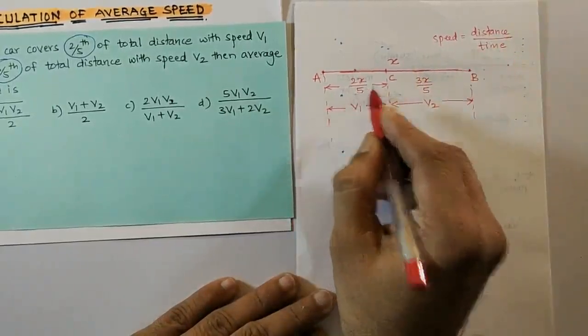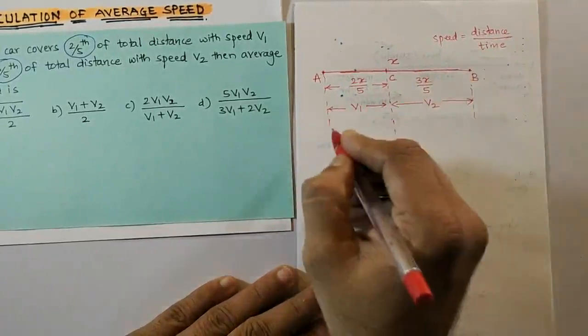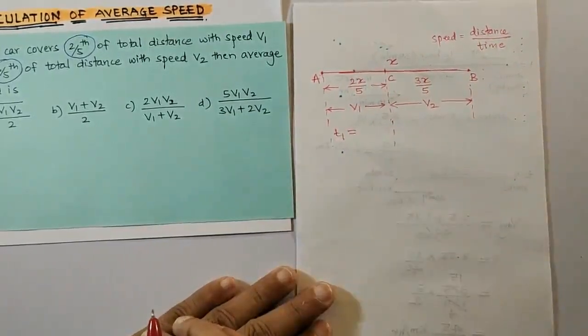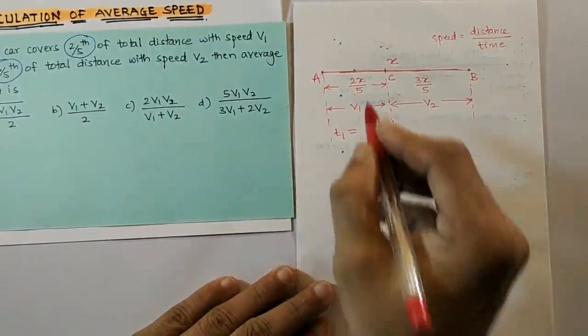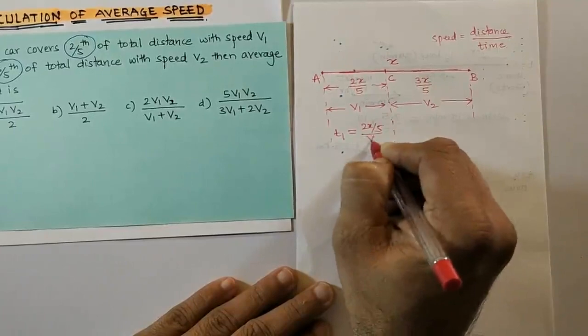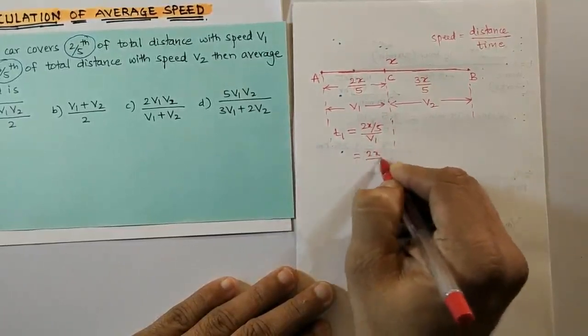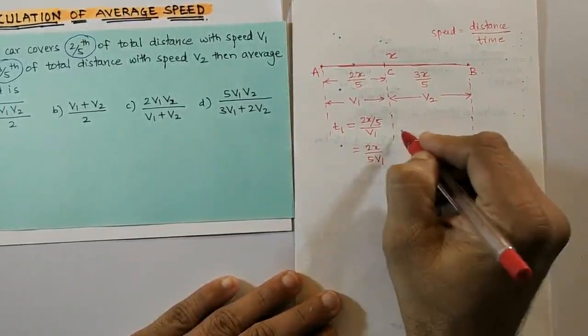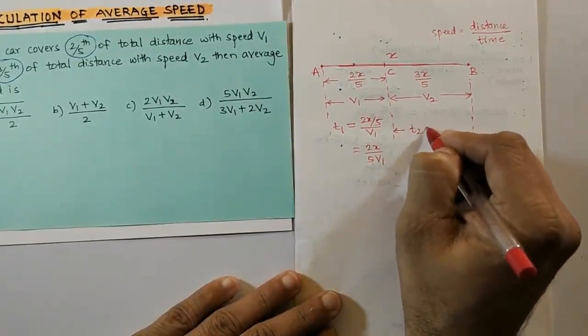So distance is 2x by 5. So time taken from here to here, I will take it as t1. So t1 will be equal to distance by speed, that is 2x by 5 divided by v1, or you can say 2x by 5v1.